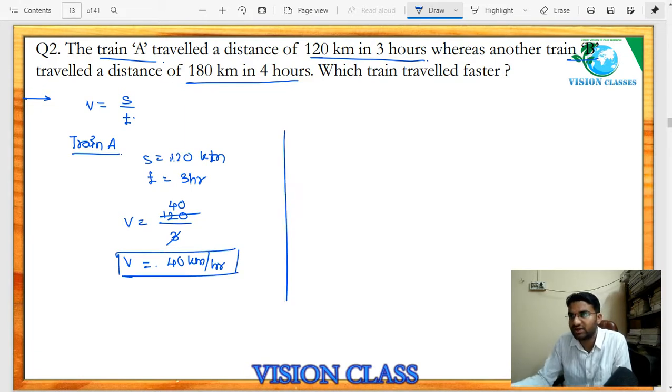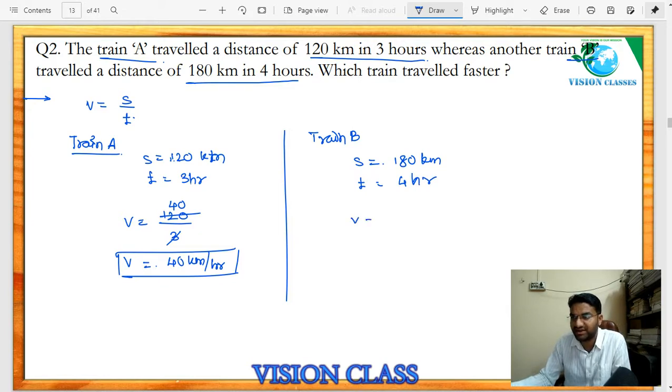Then the second train, look at train B. What is the distance traveled? The distance traveled is 180 kilometer, and the time taken is 4 hour, right?